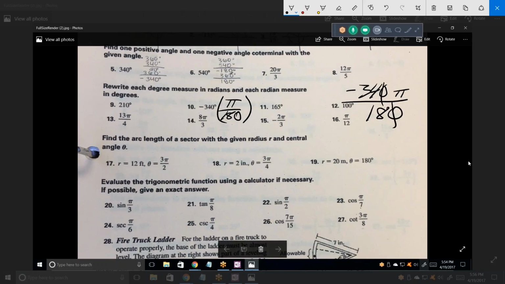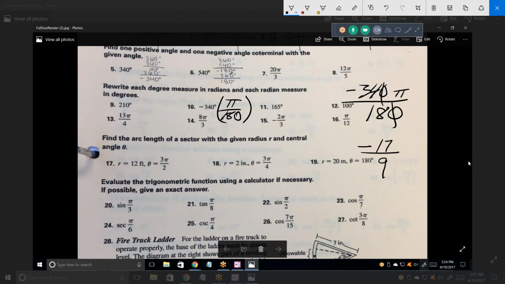Cross off those zeros. Simplify the 34 over 18. So, would I divide by 2 this time? Yeah, you divide by 2 and see what you're left with. In other words, if I divide by 2, I got 17 over 9.